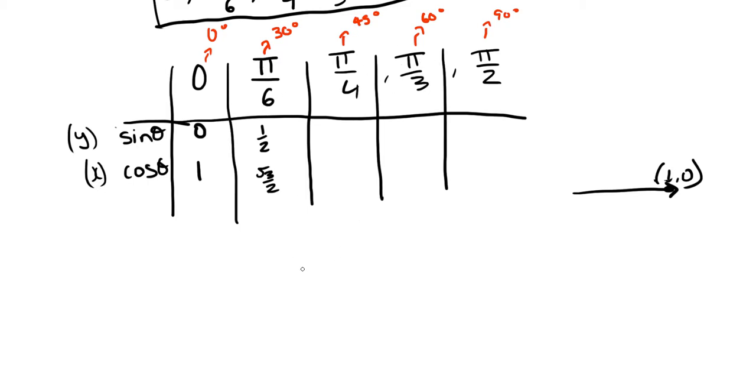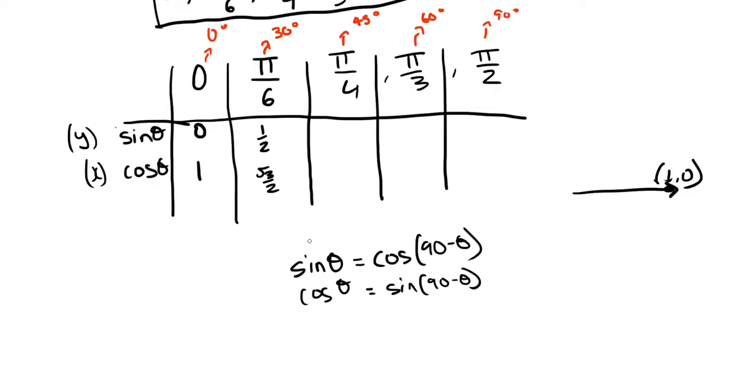If we use our two laws that we got in a previous video, then we know that the sine of theta, or the y coordinate of pi over 6, is going to equal the x coordinate of pi over 3, or the cosine. So that's going to be root 3 over 2 and 1/2.